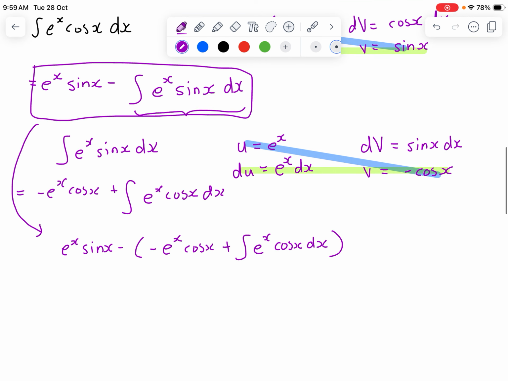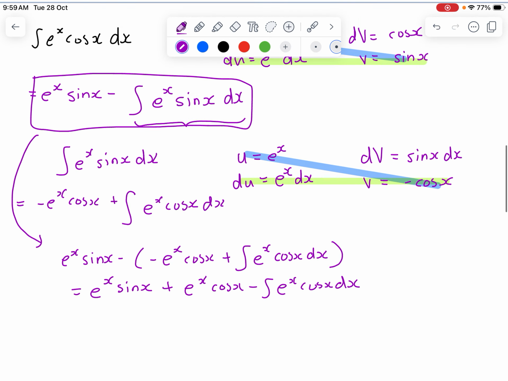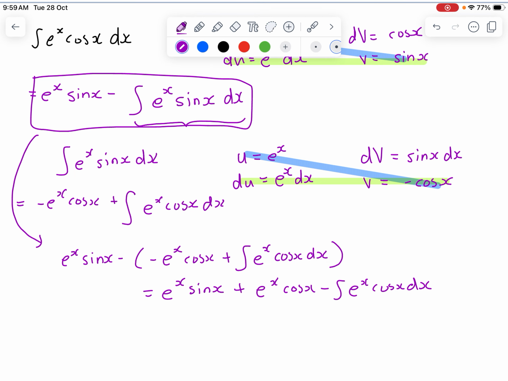So just to make this whole thing easier, let's remove the brackets. We get e to the x sine x plus e to the x cosine x minus the integral of e to the x times cosine x dx. So now that we have that, we want to put the question back, because this entire thing is equal to the question itself, the integral of e to the x cosine x dx.